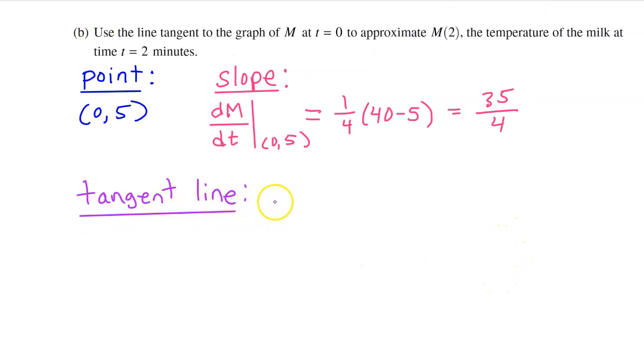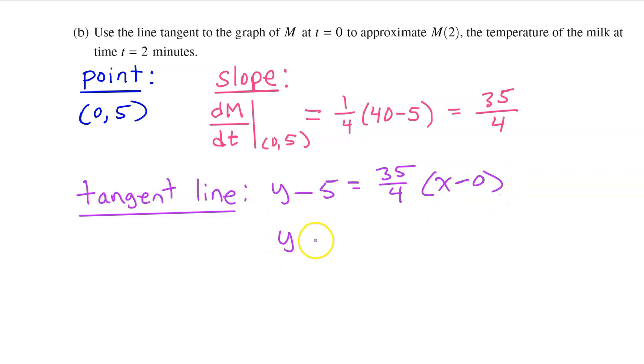So the equation of the tangent line will be y minus y1, so y minus 5, is equal to the slope, 35/4, times x minus x1, so x minus 0.